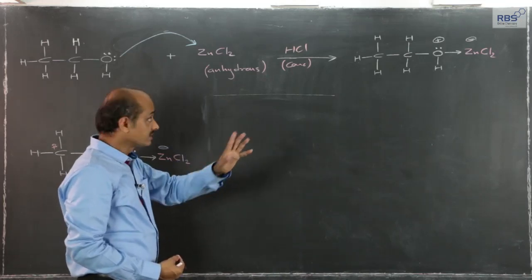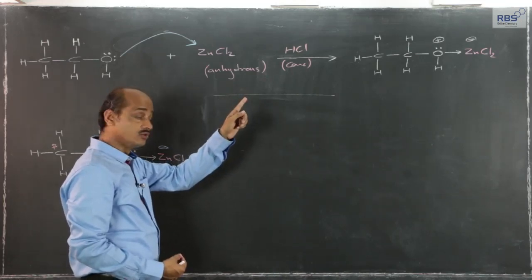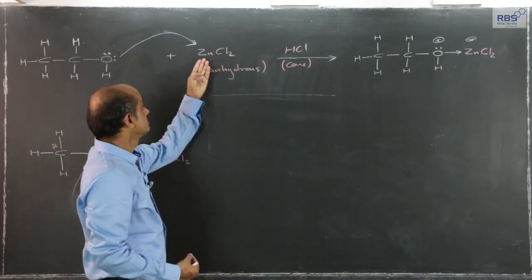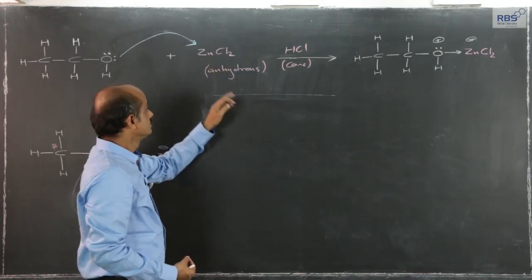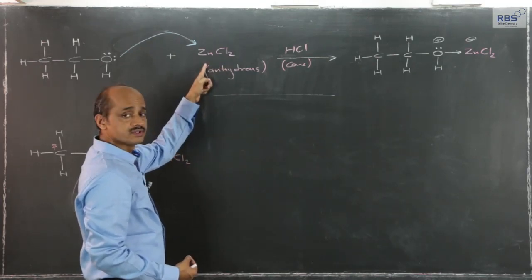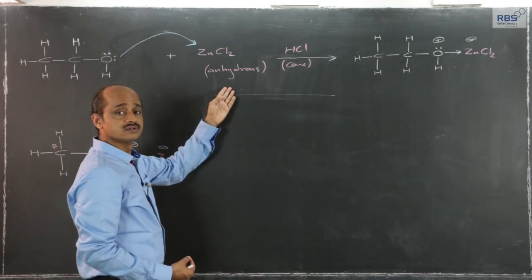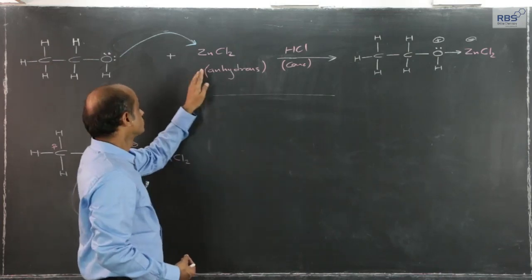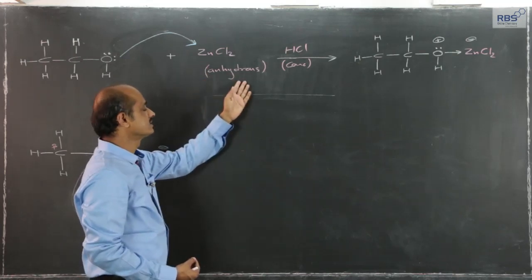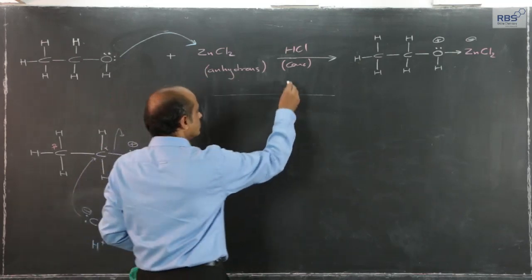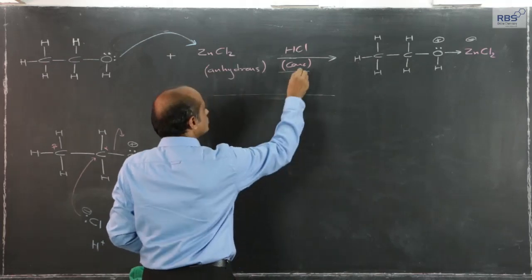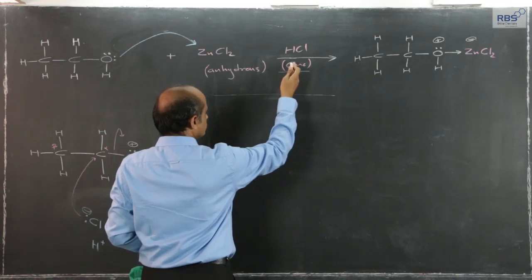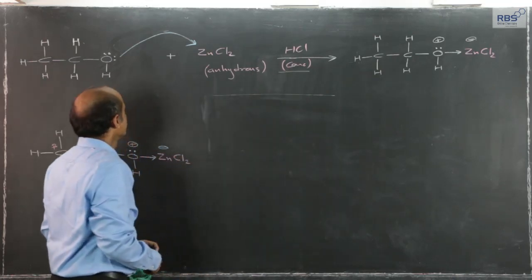If a large amount of water is there, meaning if HCl were dilute, then the anhydrous nature will vanish, as water molecules will react with ZnCl2. The empty orbital of ZnCl2 will react with the lone pair of electrons on oxygen of water. So, ZnCl2 should be strictly anhydrous, and therefore highly concentrated HCl, which is the actual reactant. I have shown it on the arrow at this stage.